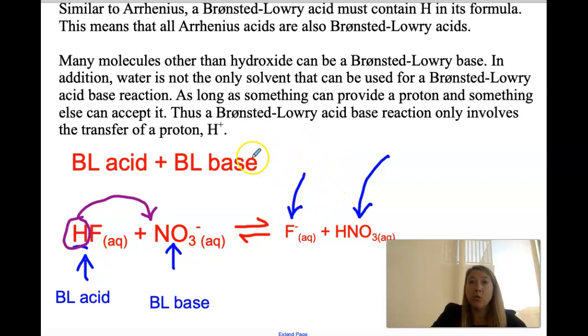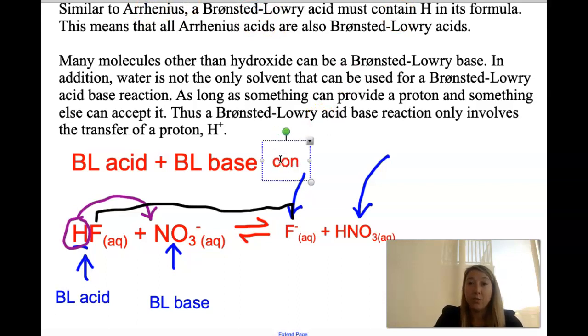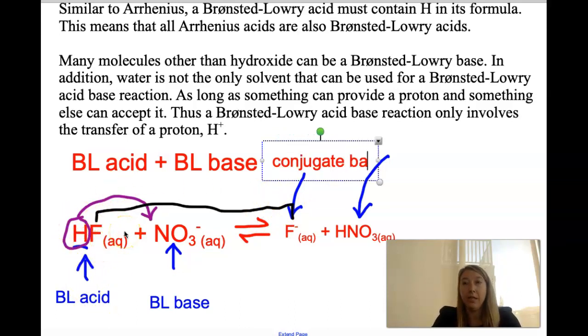So our HF is going to be paired with F minus. This F minus is a conjugate species, and because it is related to the acid on this side, it is going to be a conjugate base.